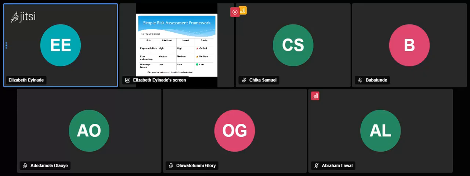In that way, your priority is critical. Remember this is the hierarchy: critical, high, medium, and low. So if impact and likelihood are high, then it is your top most priority, critical.